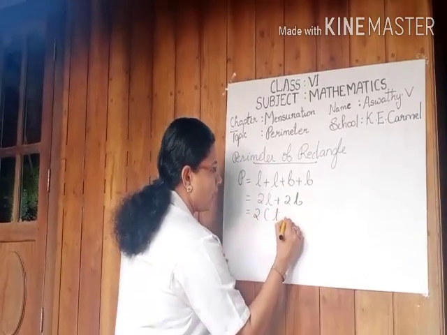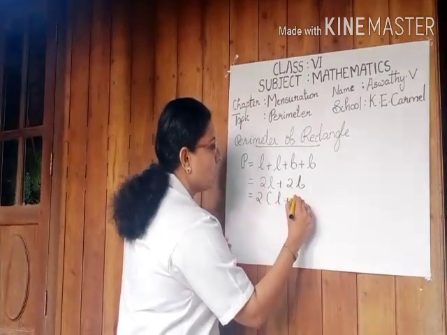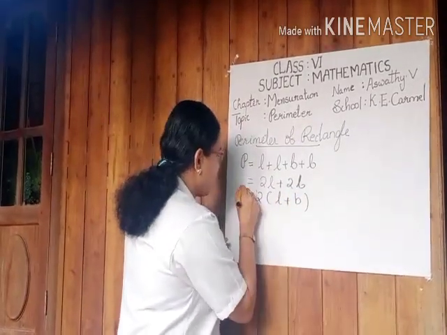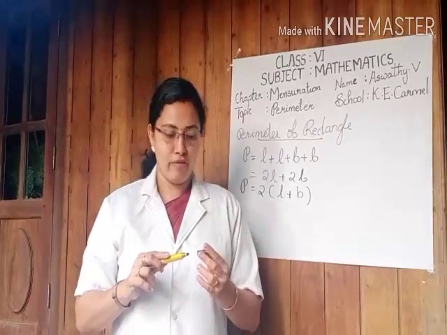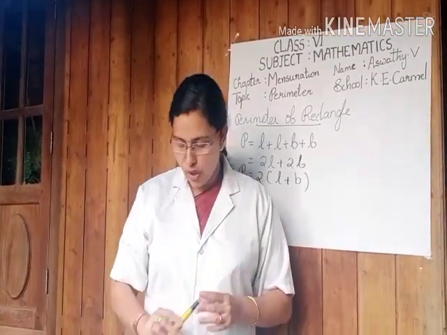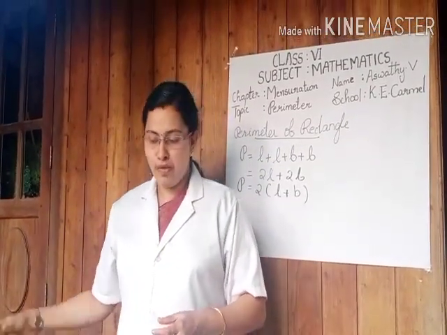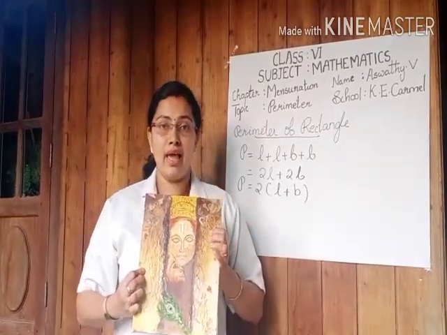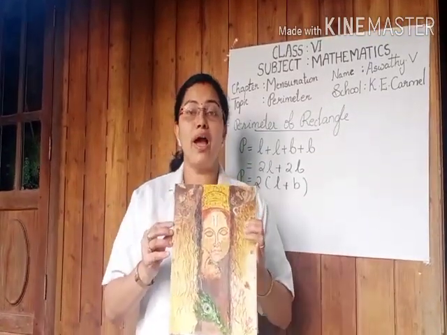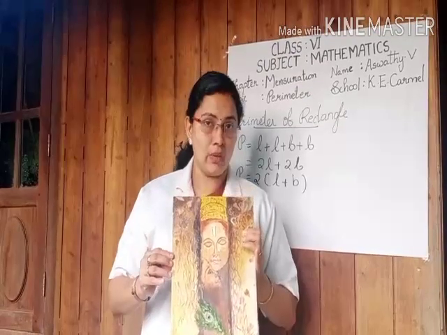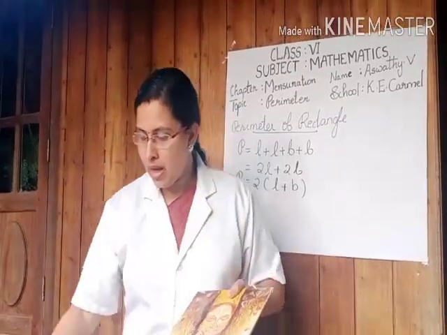We'll be getting the equation as 2 into (L plus B), which is the equation for the perimeter of a rectangle. Hope you understand. Now, we will be measuring the length of all four sides to find out the total length required for the wooden strip.